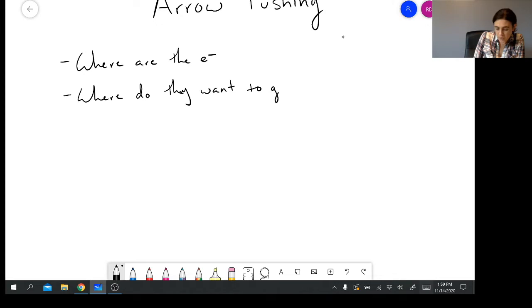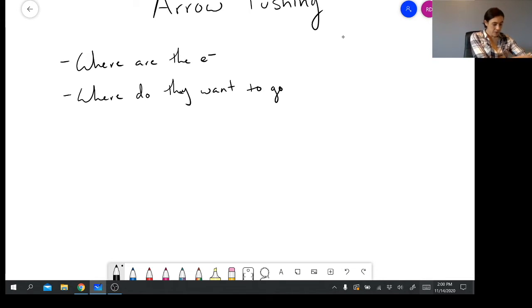And where do they want to go? Right? So we'll get into this in more detail, but these are the two questions that at every step of every reaction you should be asking yourself. Where are the electrons in these substructures I just drew? And where do they want to go? Or what are the most electron deficient sites?